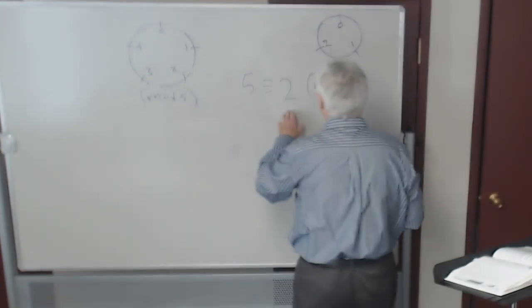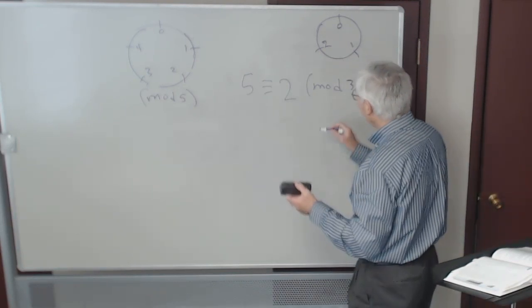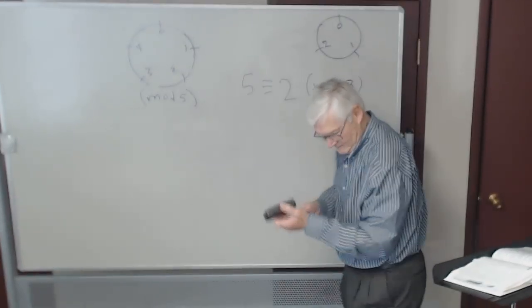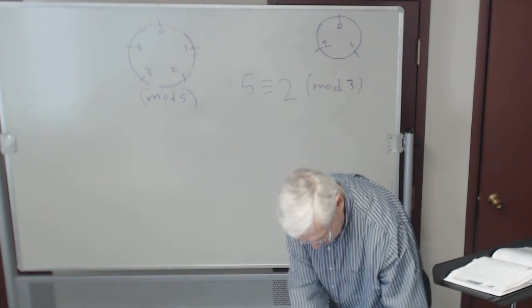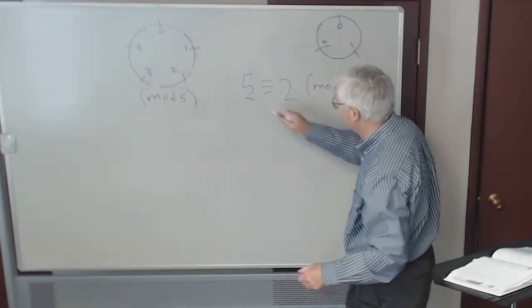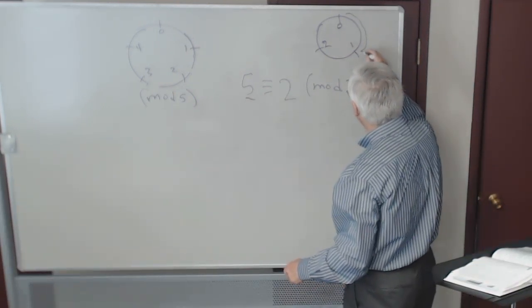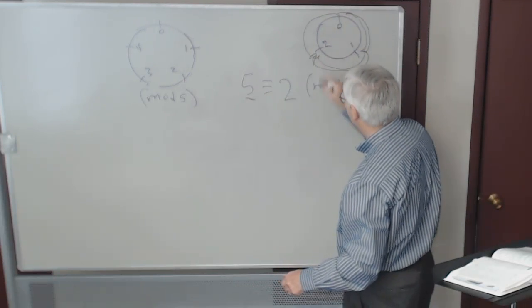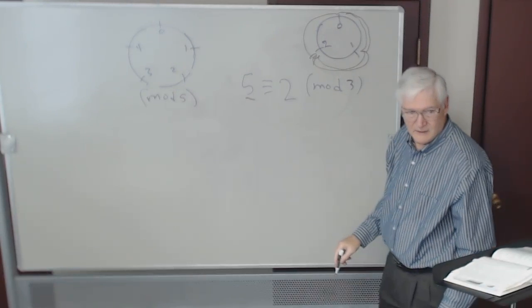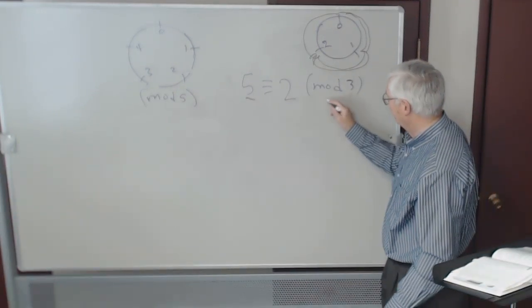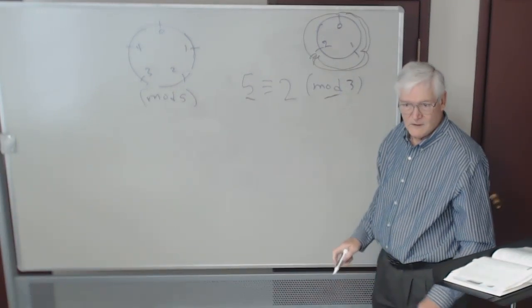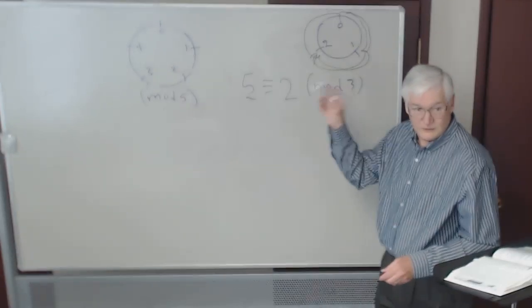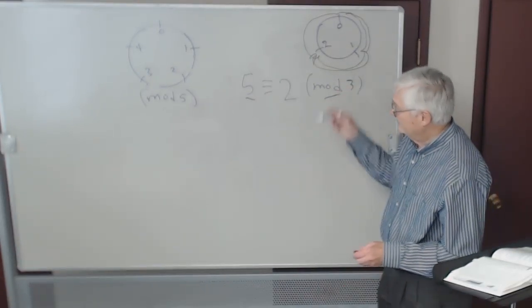Now, does 5 equal 2? Okay, if I go around this thing, if I make 5 moves, 1, 2, 3, 4, 5, where did I end up? 2. So 5 equals 2 in modulo 3. You just draw the circle and just run around the circle.